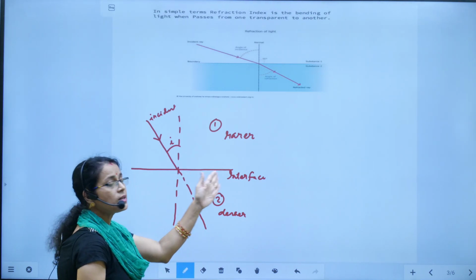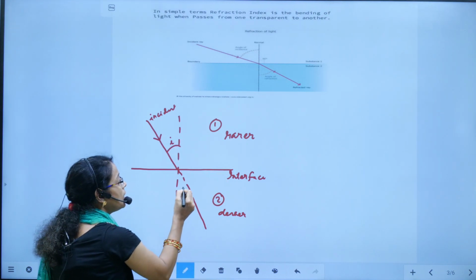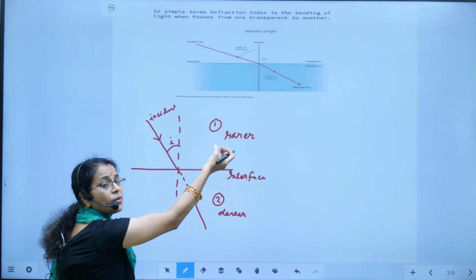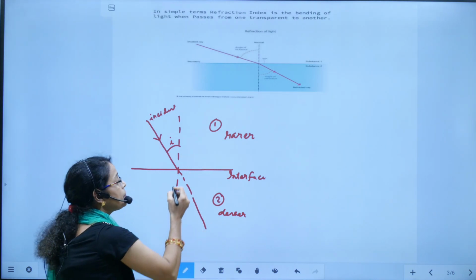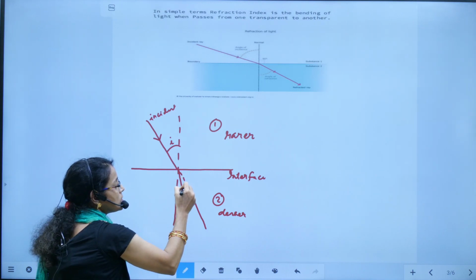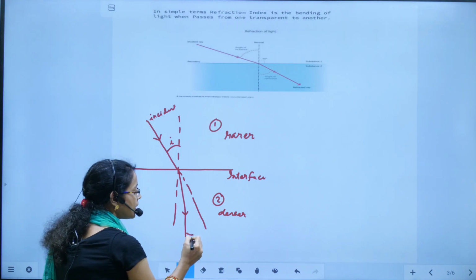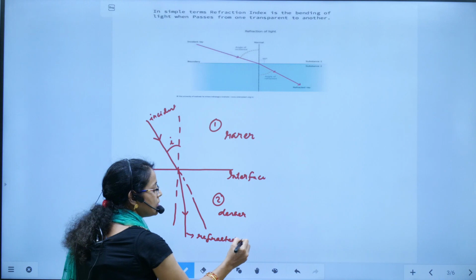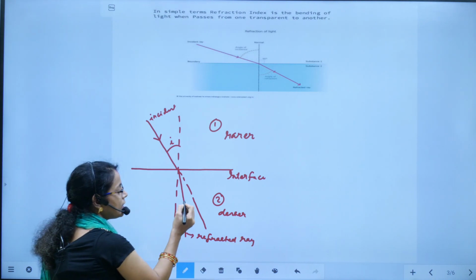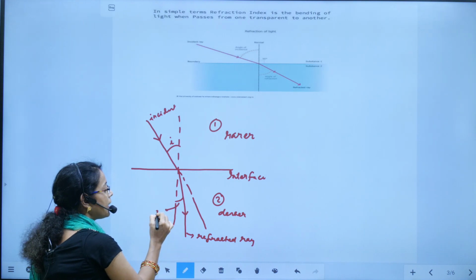But due to the interface, due to the change in optical density, when it travels from rarer to denser medium, because of the high optical density, the light will bend towards the normal after refraction. This ray after refraction is called the refracted ray, and the angle of the refracted ray with respect to the normal is called the angle of refraction.